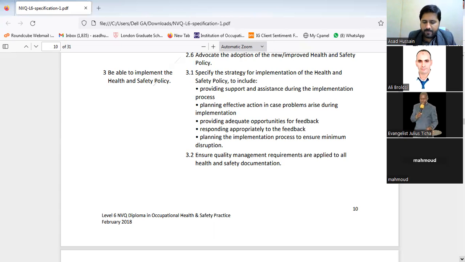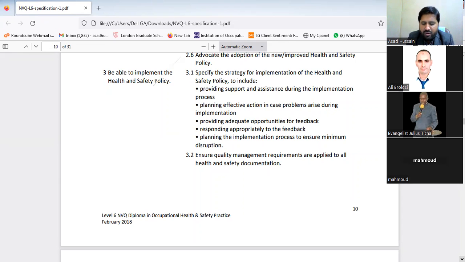Clear? Okay. Now, gentlemen, it is saying that ensure quality management requirements are applied to all health and safety documentation. It is just saying that there are many documents you have in your organization with respect to health and safety.